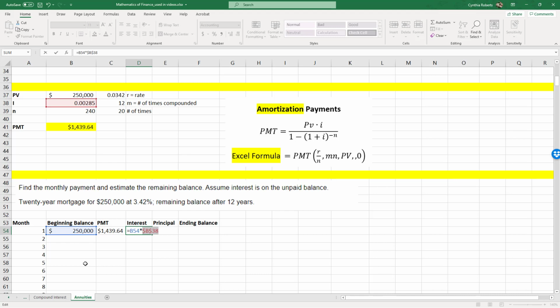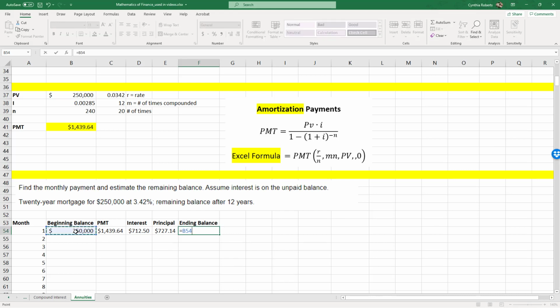But notice the balance as we go down is actually going to change. The principal is the payment minus the interest. So principal is the payment minus interest. That's something that's going to move down. And then my ending balance would be my beginning balance minus the principal.